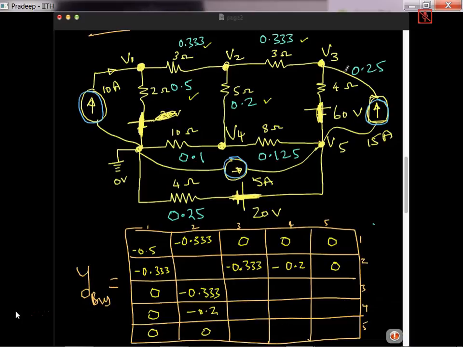So 3 is connected to 2, it is already done. 3 is connected to 5 with 0.25. 3 is not connected to 4, so these two are 0. So this is minus 0.25 and this is minus 0.25. Next, 3 is not connected to ground, so nothing is there. Now coming to the 4, 4 to 5 is minus 0.125.